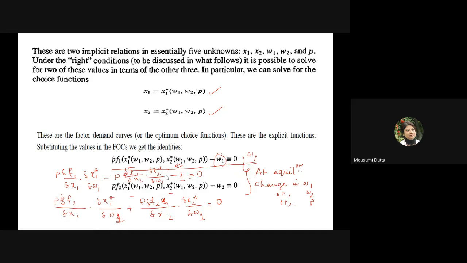Both x1 and x2 are functions of P. P is a parameter and the expression is in this form, you have to take derivative with respect to P. Are you doing the things? Yes, ma'am. Okay.